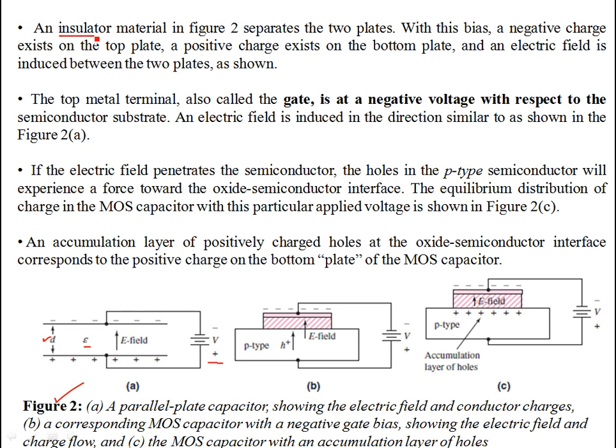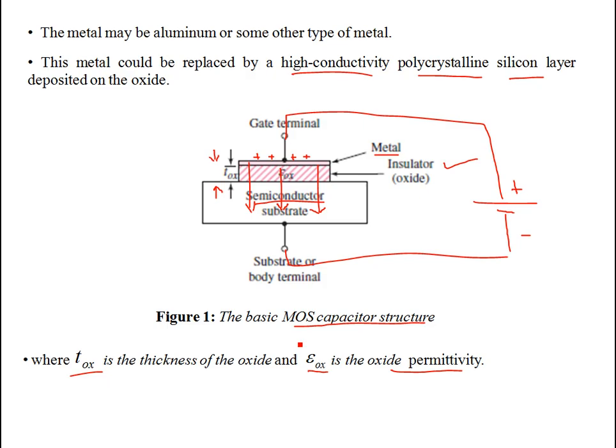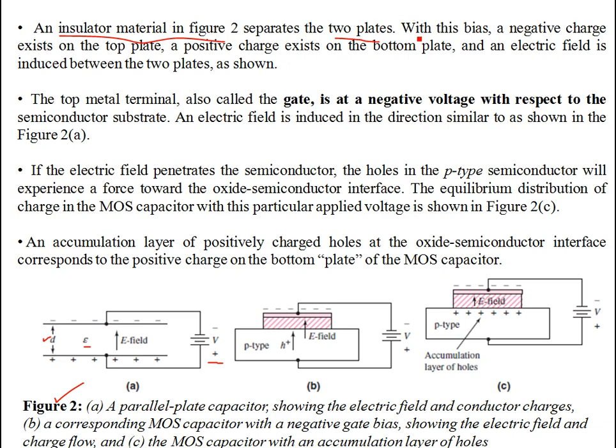An insulator material, as you see in figure 2, separates the two plates. Just as before, the metal and the semiconductor substrate are separated by the oxide, the dielectric filling. With this bias, a negative charge exists on the top plate, a positive charge exists on the bottom plate, and an electric field is induced between the two plates as shown.